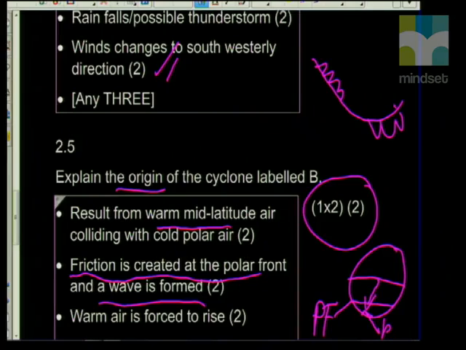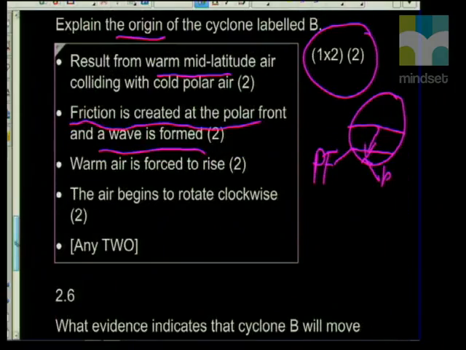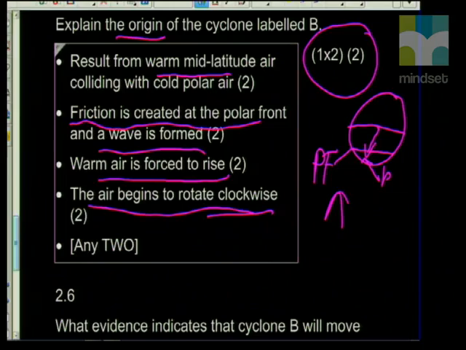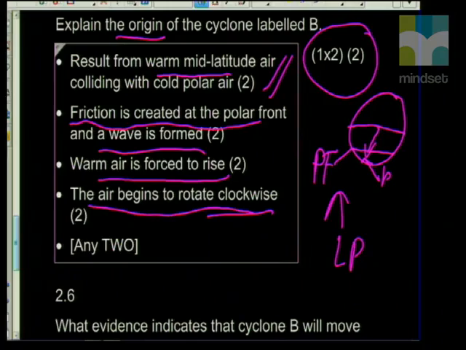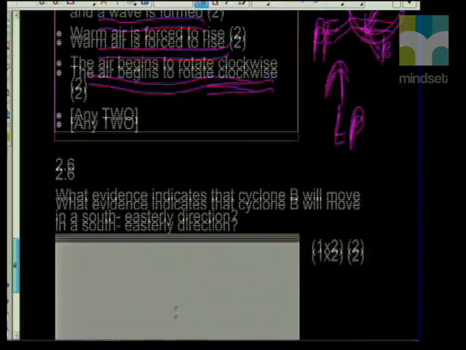Warm air is forced to rise, and the air begins to rotate in a clockwise position because the air is rising. Whenever air rises, it creates a low pressure system. So you have a low pressure system, and that is why you have the clockwise circulation in the southern hemisphere. Now, learners, you know this. Remember, any one of these points will give you 2 marks.